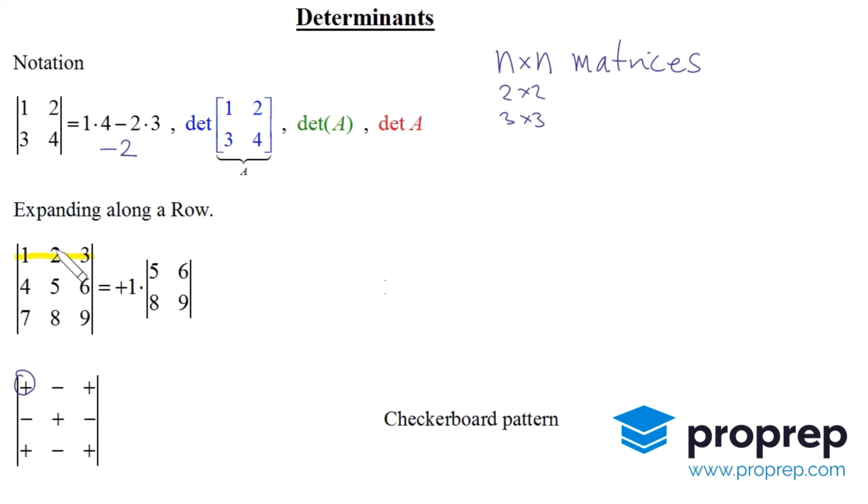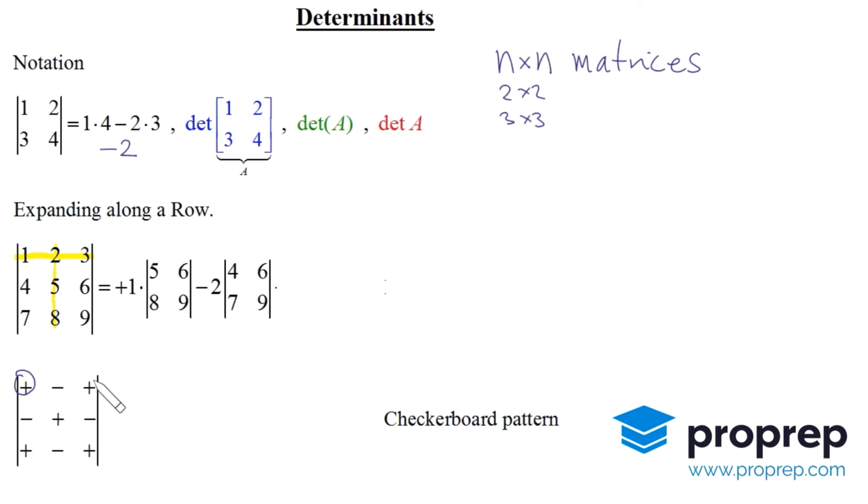So this time we're taking the 2, so we've got the row and the column crossed out. And then the next term will be the sign, minus from here. Then the element 2 here. And then 4, 6, 7, 9, the determinant of the remaining elements.